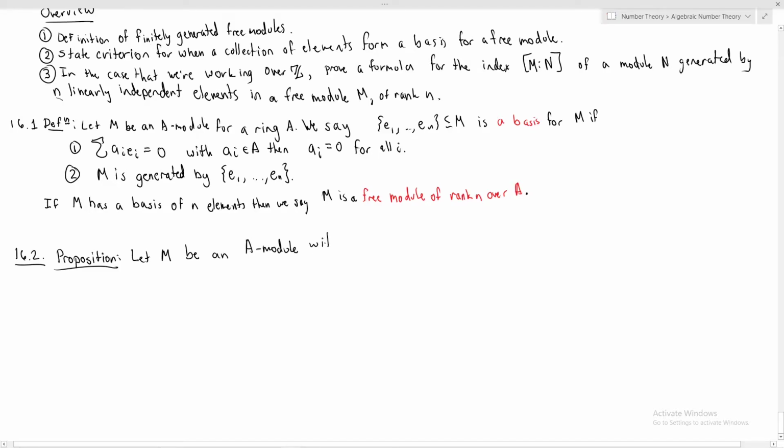let's say with basis, or sorry, I actually want to state this as an if and only if. So let M be an A module, a collection, so let's say I have a set of elements here, and I'm wondering, is this a basis? Well, this collection is a basis if and only if the following map is an isomorphism.